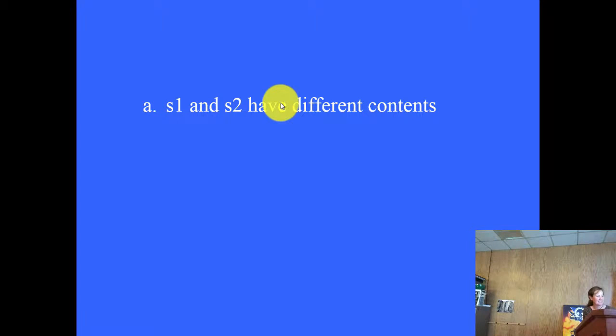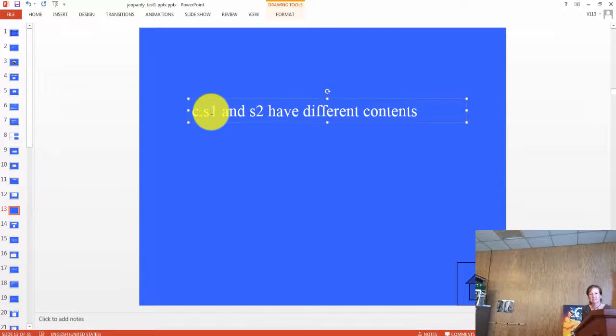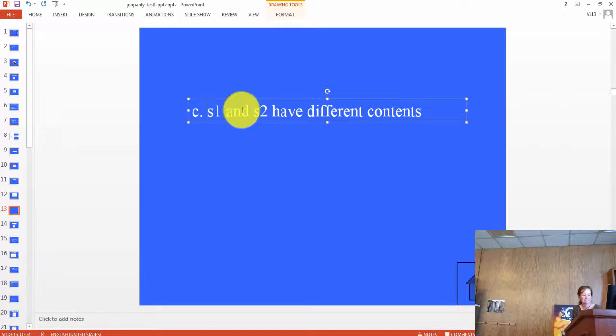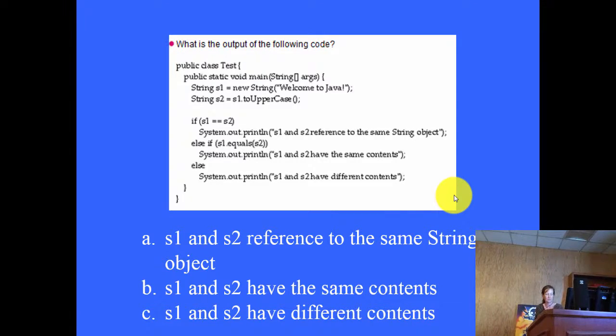In fact, we can escape and change that to C. Oh, you know why? Because it changed it to a bullet for me. I think when I opened it in Google, it kind of ruined a lot of things. But they are different because when you do toUpperCase, it returns a separate string reference. Okay, so it is a different reference.